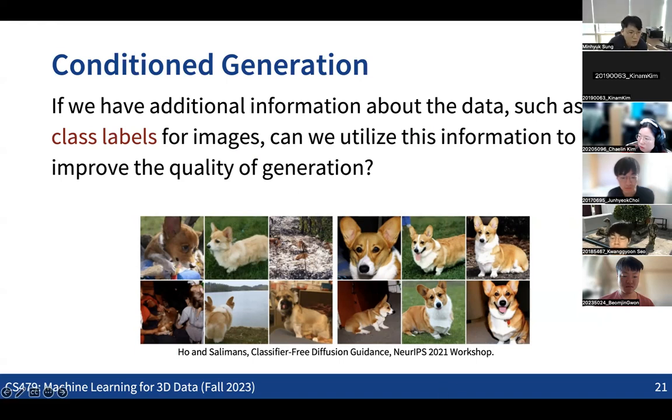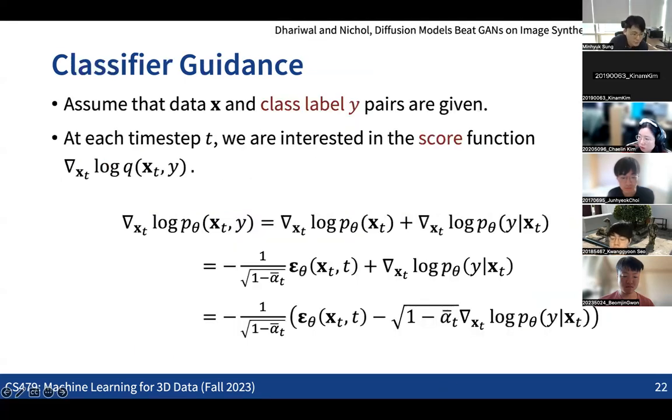And for that, what we are going to see briefly is that in the diffusion model, what we are interested in is getting this score information, right? Previously, we were seeing this score information for the marginal distribution of x_t. But since now we have some extra information, y, let's say y is the class label, now we are going to get this score information for the joint distribution of both x_t and y.